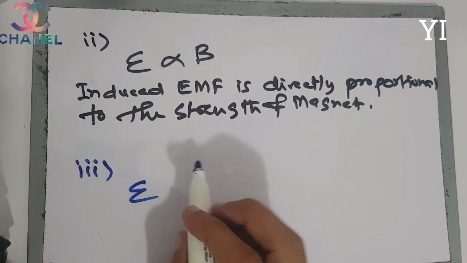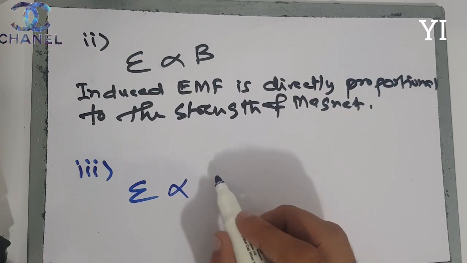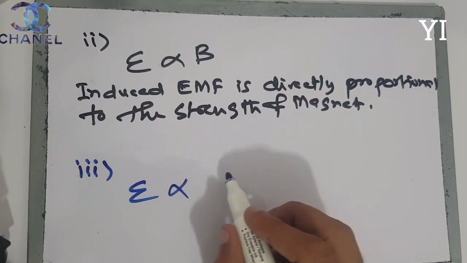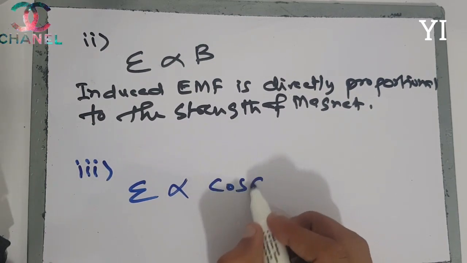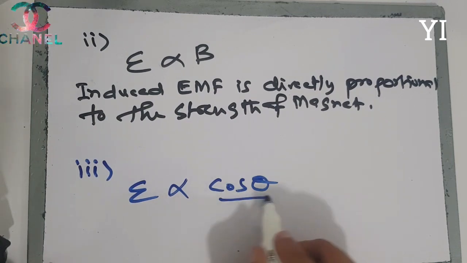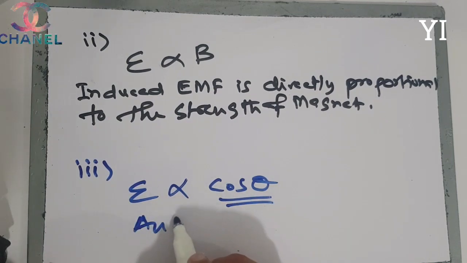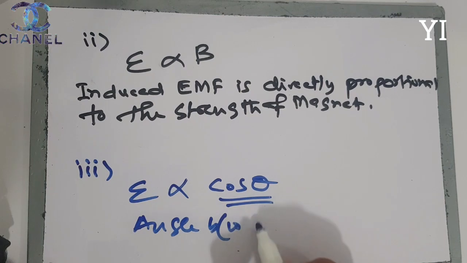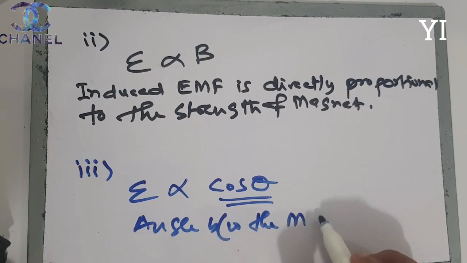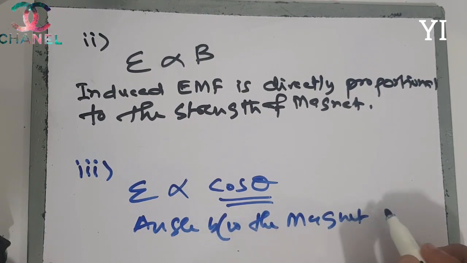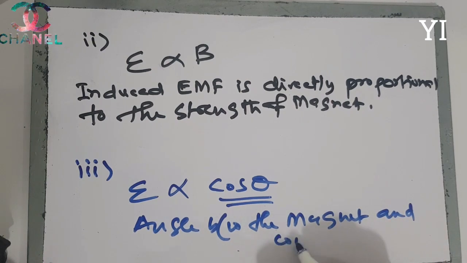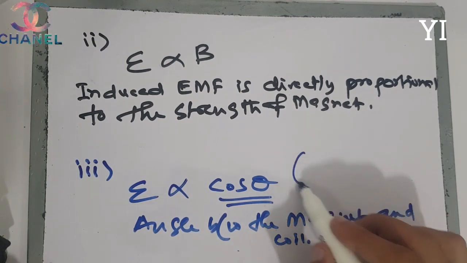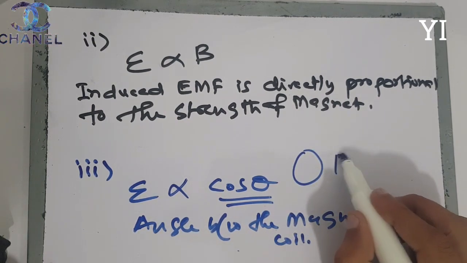In case number 3, the induced EMF is directly proportional to the angle between the magnet and the coil. We'll write it as cos theta, where this theta is actually the angle between the magnet and coil. Let me explain how. Say this is a coil and this is a magnet.